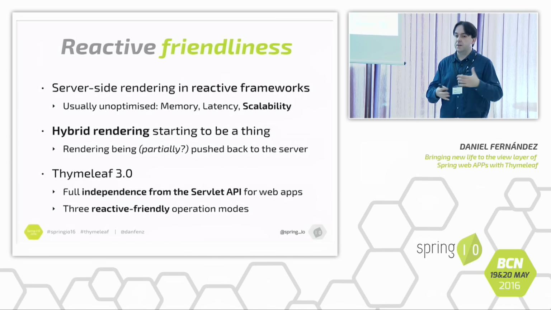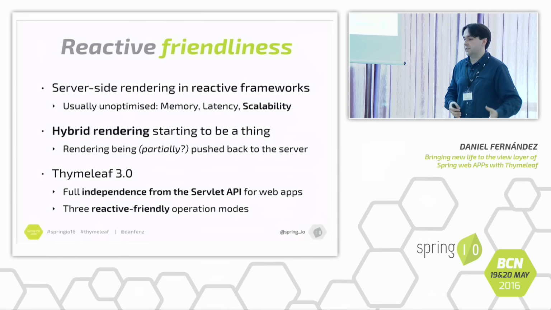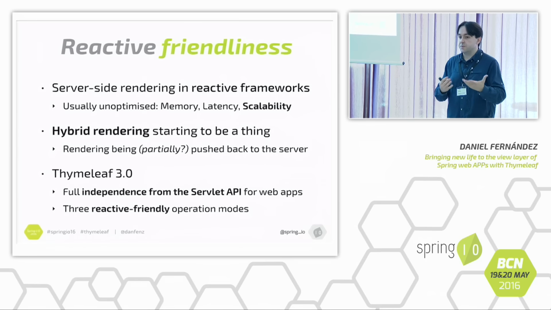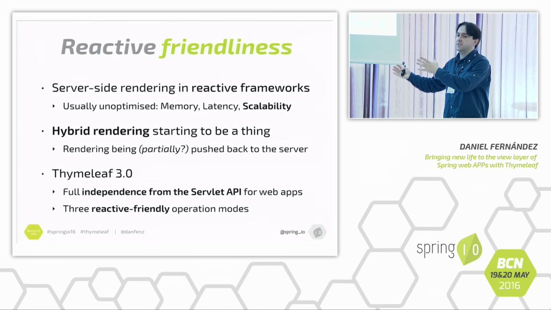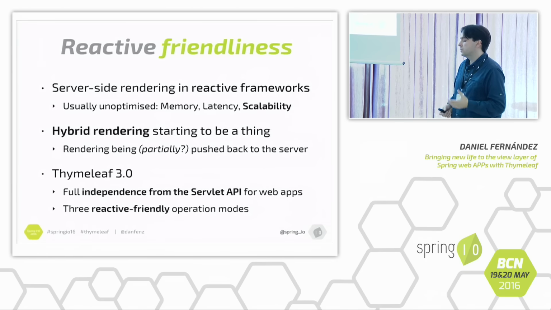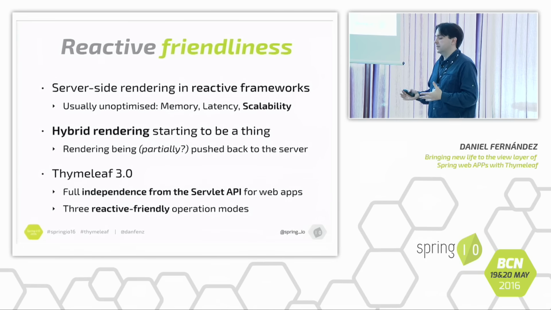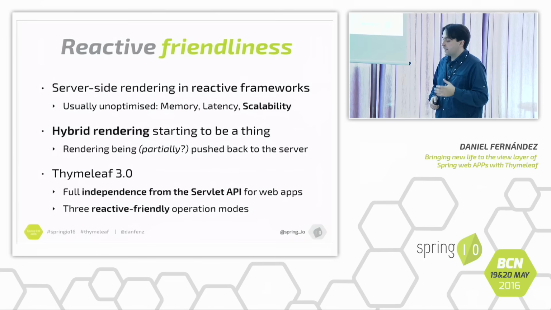So if you have reactive publishers of data, you'll have to resolve them into iterables or collections or whatever, then send them to the template engine, have the template engine generate a very large string with the entire result of the template, and then call the output channels once with that big string, and tell them just send this to whoever is listening at the other side. So latency is not going to be good. Scalability at the end is not going to be really good.